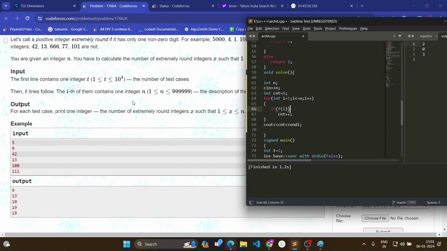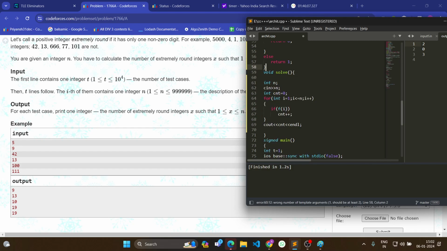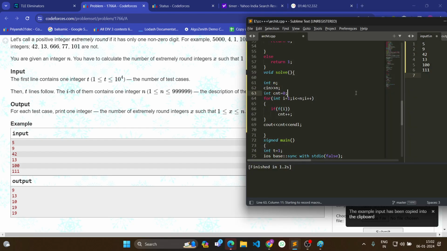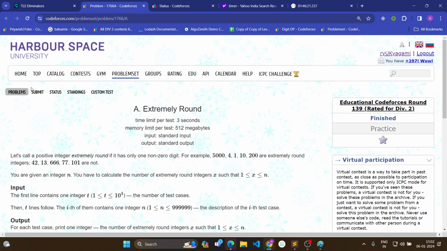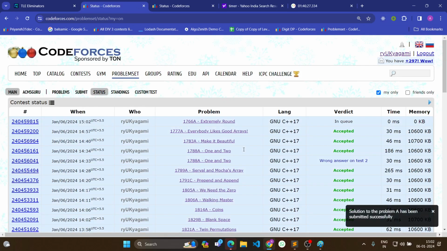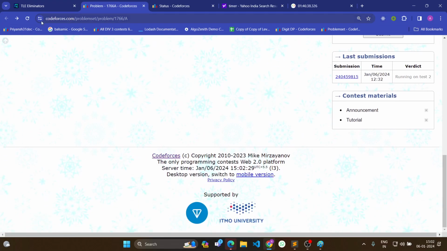What if so? What is a better option? Let me just do one thing. No, this is good. Okay, again, but I'm not sure this will pass or not. This might lead to TLE, and then I'll have to apply mathematics. Let's see what is the value of 3 seconds. Should pass, I think.